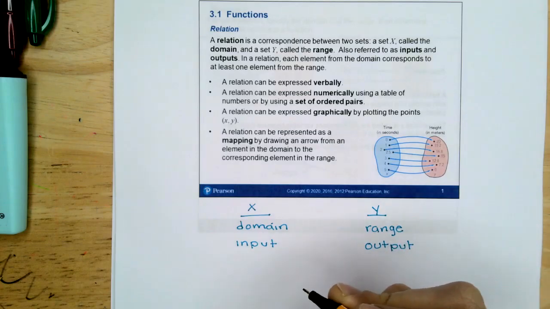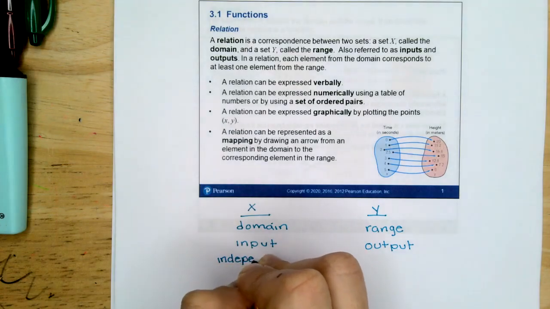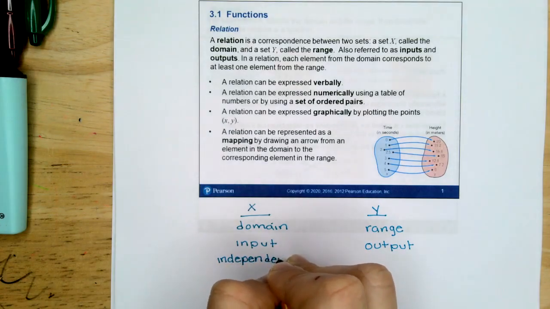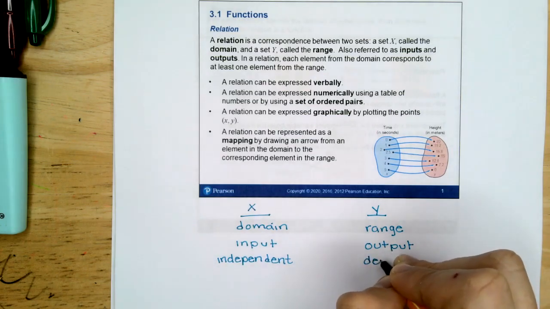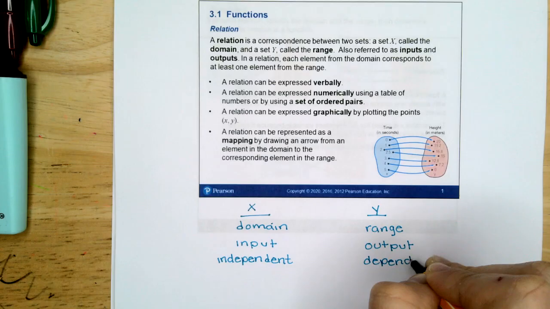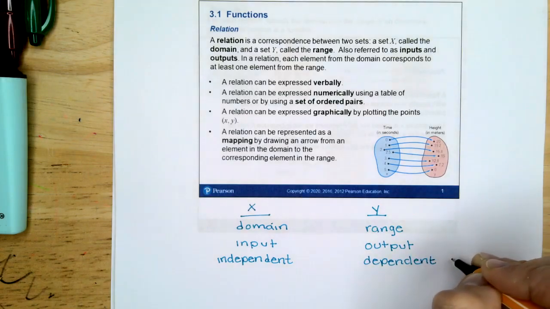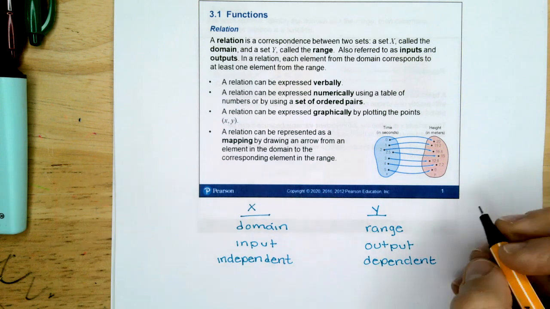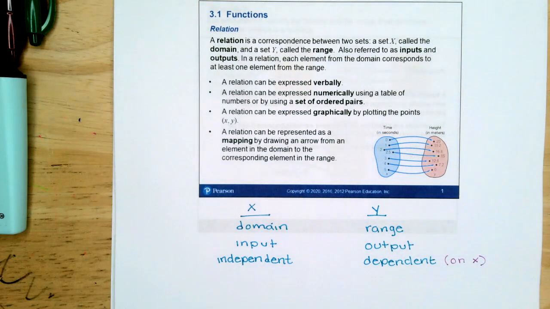If it's the X, it's the independent variable. If it's the Y, it's the dependent variable, or a dependent set. And it's called dependent because it's dependent on X. We decide what X is, and then Y depends on what we decided X was.